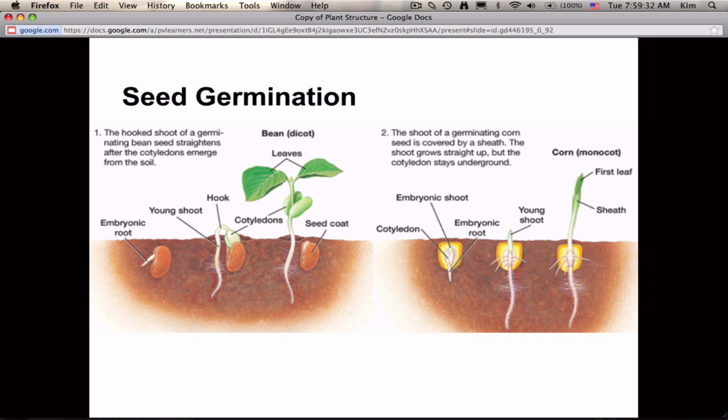Seed germination is when that sprout breaks through from the seed and starts to grow. There are a couple of different ways that this happens. In a dicot, you'll have this embryonic root right here, and it will come out first and grow down. Then it has a little hook right here.